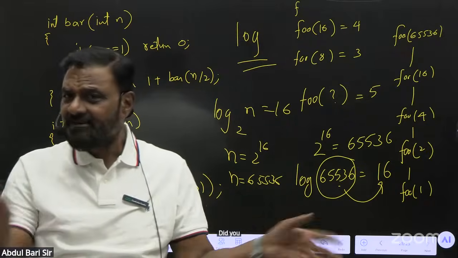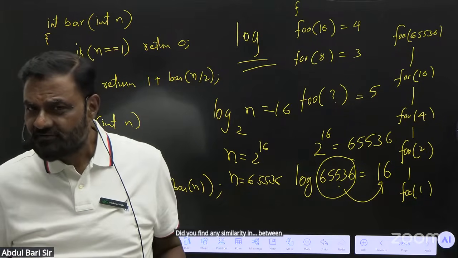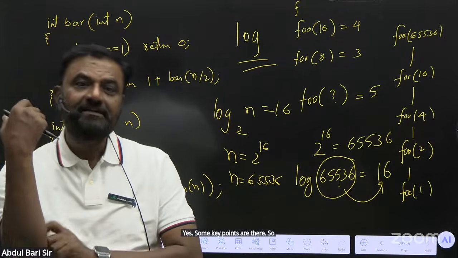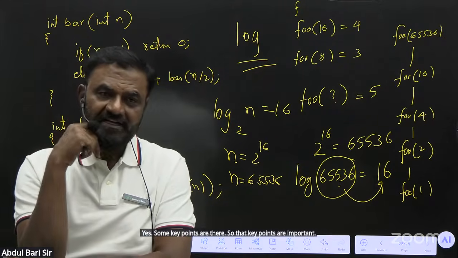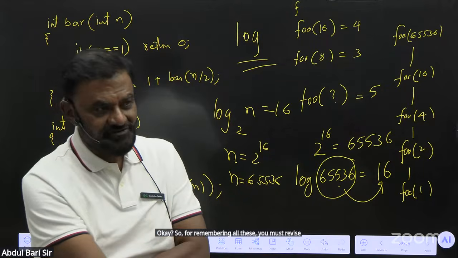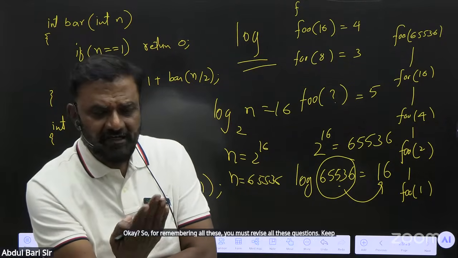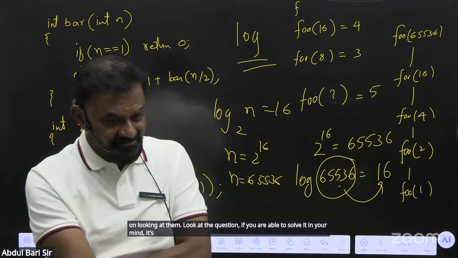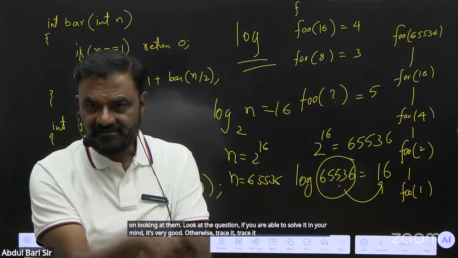Did you find any similarity between the GATE questions? Yes, some key points are there, and those key points are important. For remembering all these, you must revise all these questions. Keep looking at them. Look at the question; if you are able to solve it in your mind, it's very good. Otherwise, trace it. The first time you trace it.